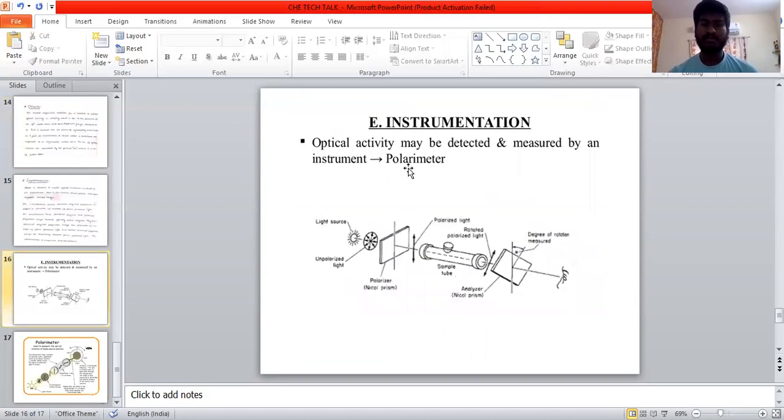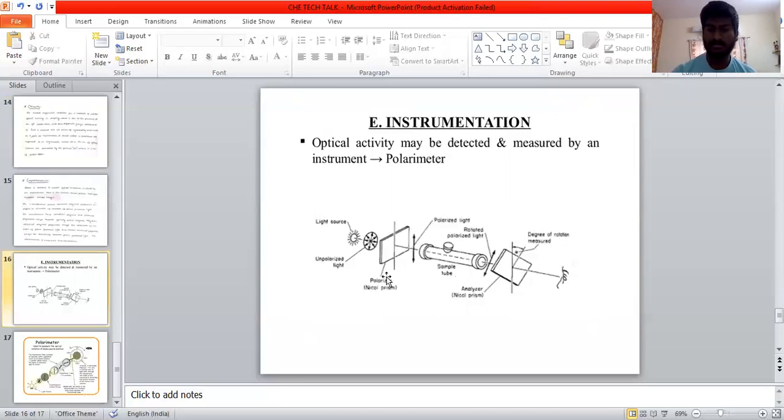Next, going to the instrumentation. As we have said, we use the instrument called a polarimeter. The optical activity may be detected and measured by this instrument. This is your light source, and this is your unpolarized light, where the vibration takes place in all directions at 90 degrees.